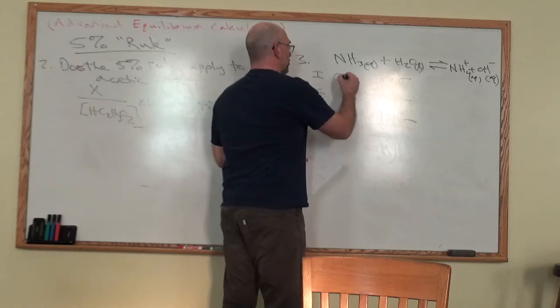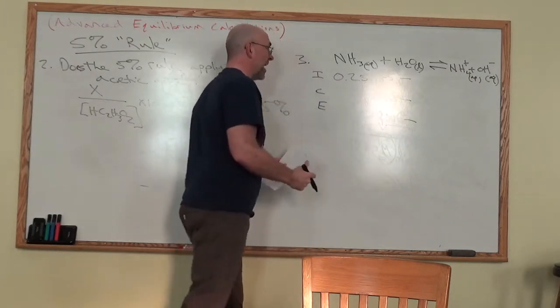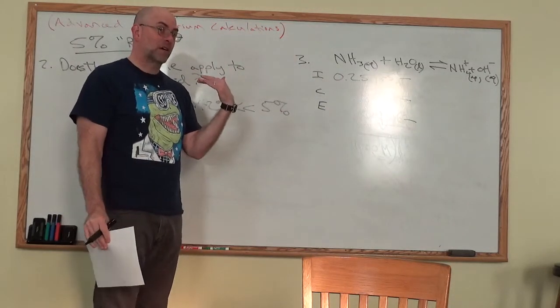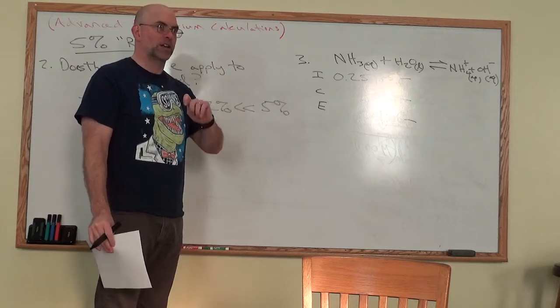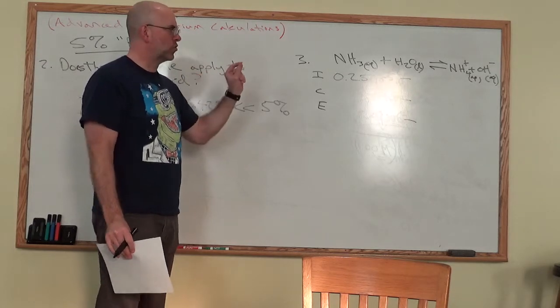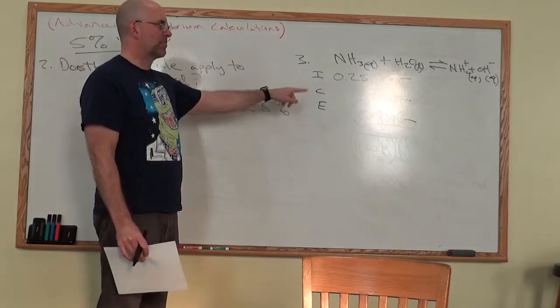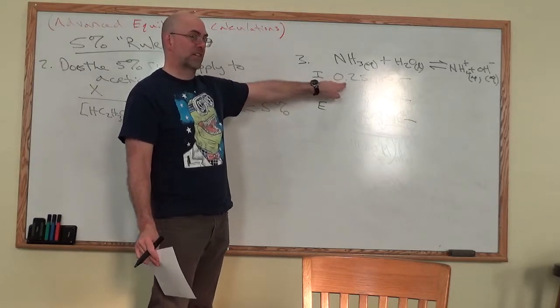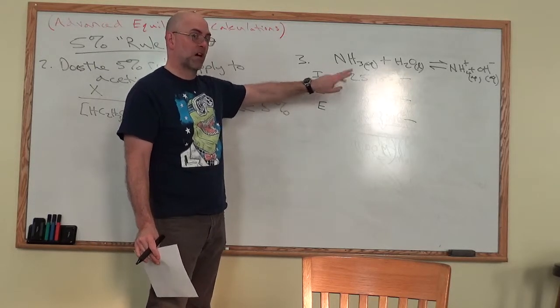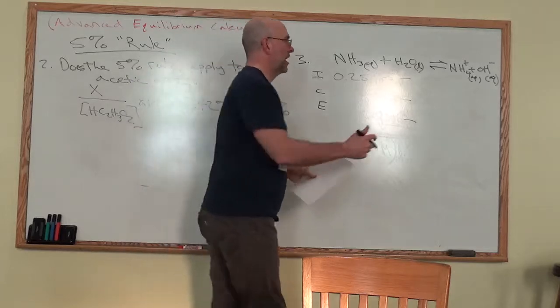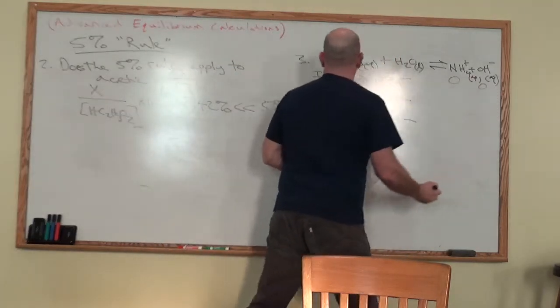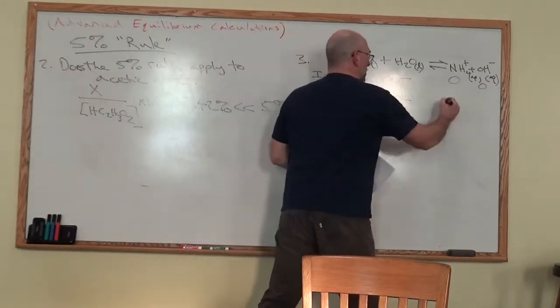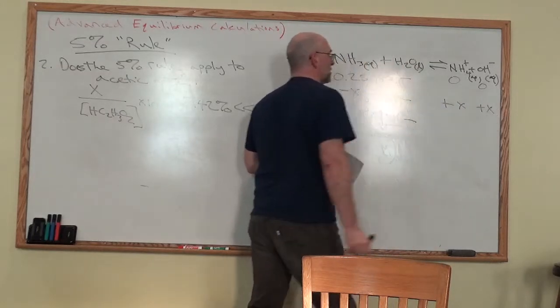The initial concentration of ammonia is 0.25, so it's a lot less than the acetic acid, which was 1. So the 5% rule might not apply here, because when we check the 5% rule, this is going to be a lot smaller, but we still have to check it. These are 0. This has to go down. Those both have to go up.